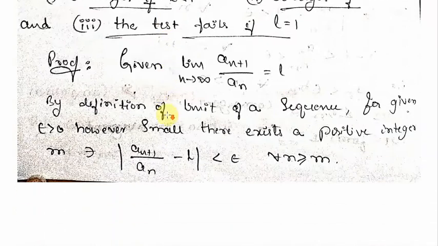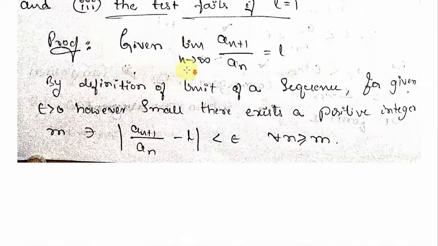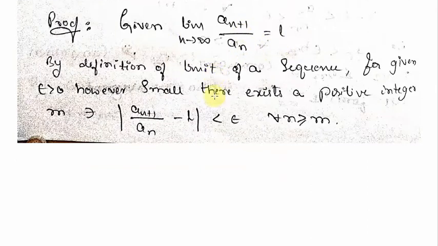It is given that limit n tends to infinity an+1 divided by an is equal to L. Now, by definition of limit, for given epsilon greater than 0, there exists a positive integer m such that modulus of an+1 by an minus L is less than epsilon for all n greater than or equal to m.